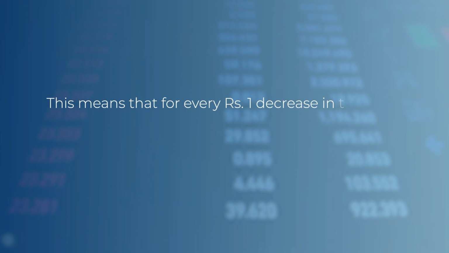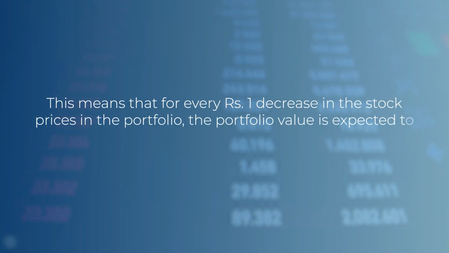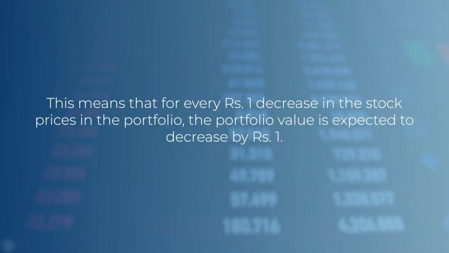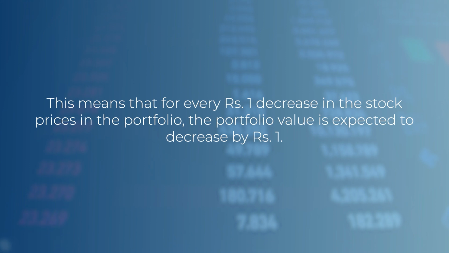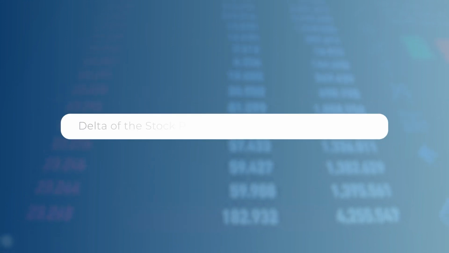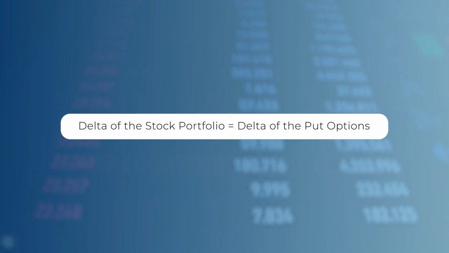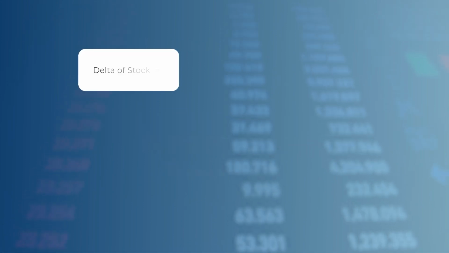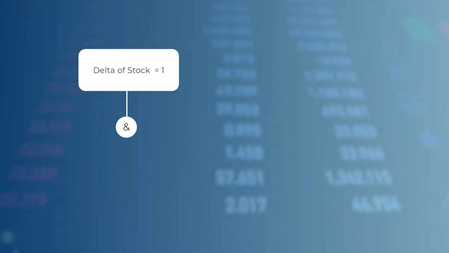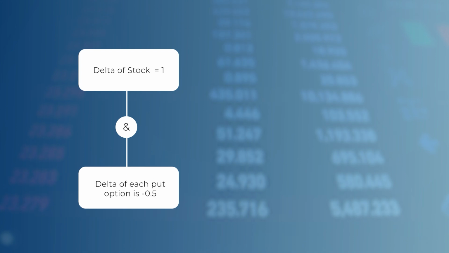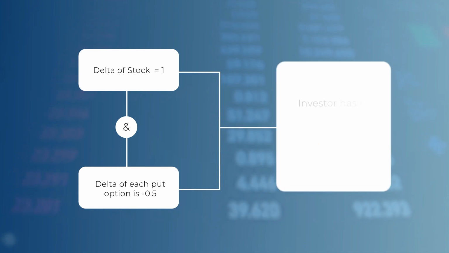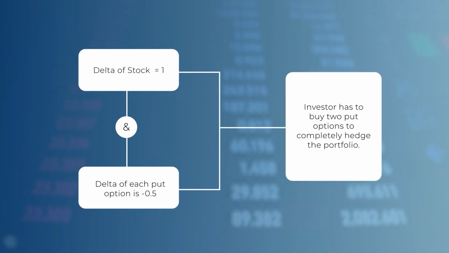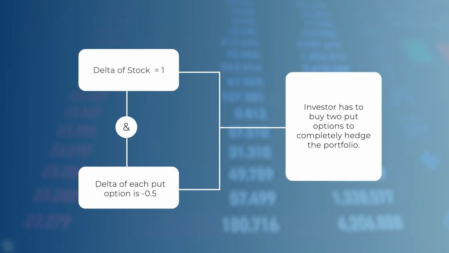This means that for every rupee 1 decrease in the stock price, the portfolio value is expected to decrease by rupees 1. To hedge the portfolio, the investor needs to match the portfolio delta with the delta of the put option. Since the portfolio delta is 1 and the delta of each put option is 0.5, the investor needs to purchase 2 put options to completely hedge the portfolio exposure.